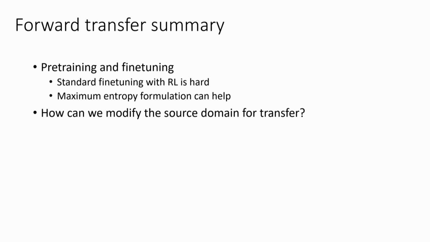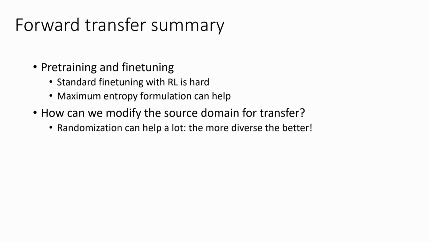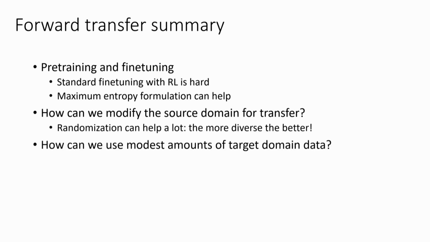And following that same principle, if you can modify the source domain, you can increase variability even more by actually varying things like the physics parameters and the rendering parameters. And if you have a modest amount of data from your target domain, then you can also bring in ideas from domain adaptation to actually either train your network to not be able to tell the difference, or explicitly transform observations from one domain into another.